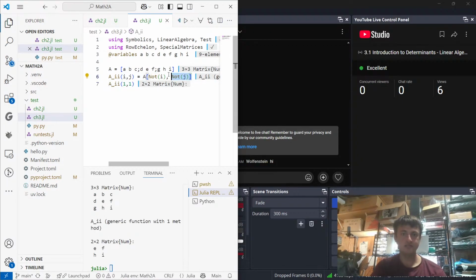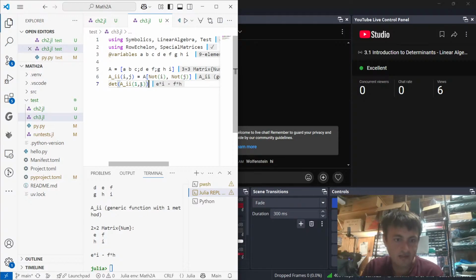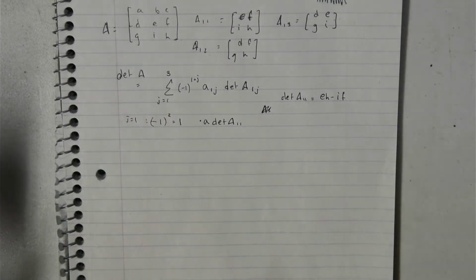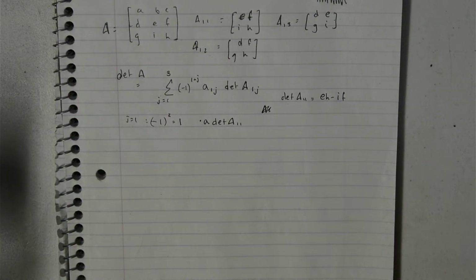Okay, so what I did is this is the formula for removing one. So now we can call that, yeah, EI minus FH. Okay, so we did that. So now the lighting is not very good. That's kind of part of the problem here. Let's see if I can improve that.